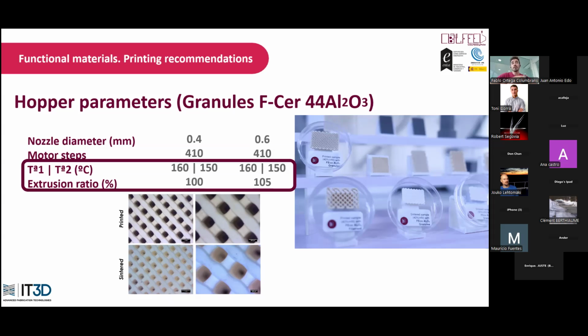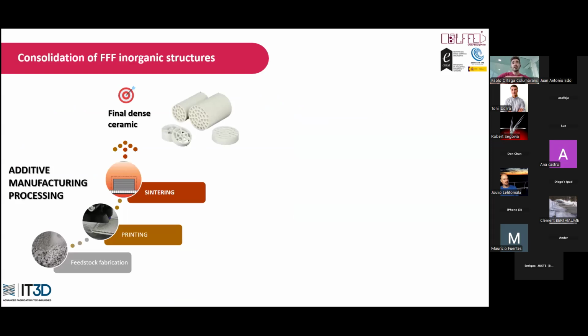Another option could be to increase the extrusion ratio over 105%, keeping the temperature constant. And this has the same effect, in which the nozzle feed and the melted material ensure good quality of the final parts.